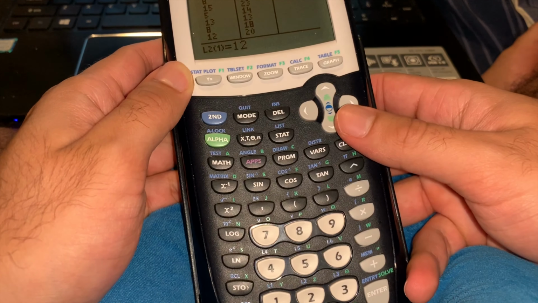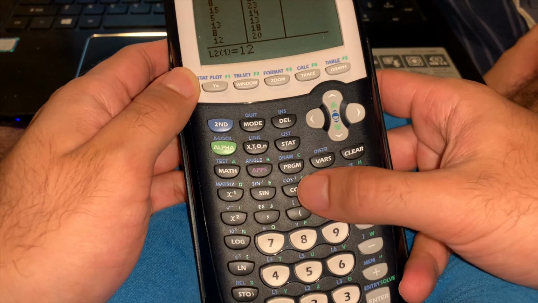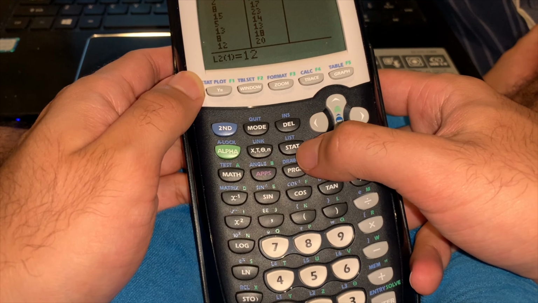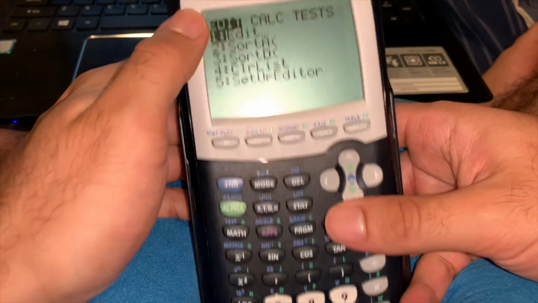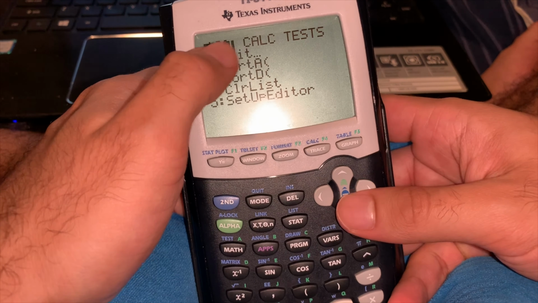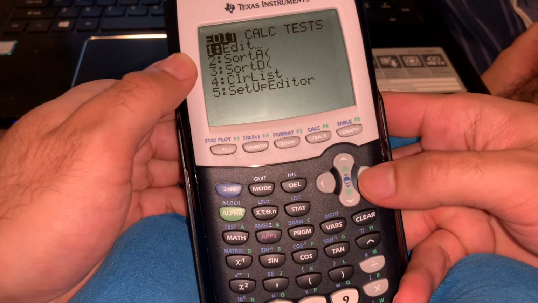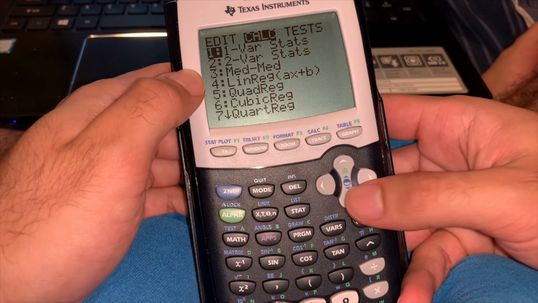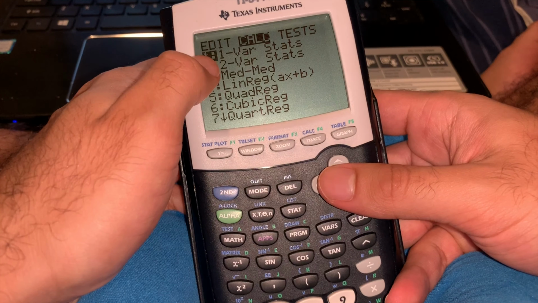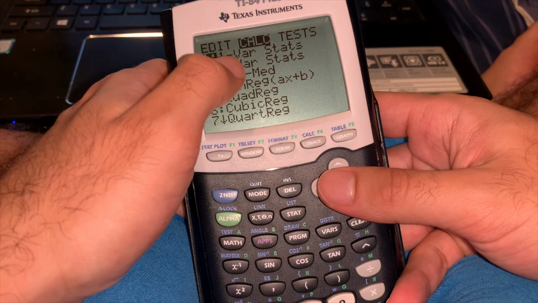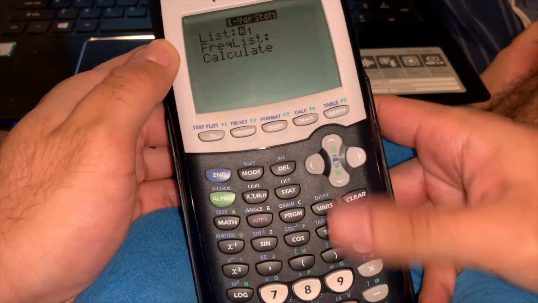Now we're going to press the statistics button again. Instead of edit, we're gonna go to calculate. Then with the arrow, we're going to select number 1, which is one variable statistics.